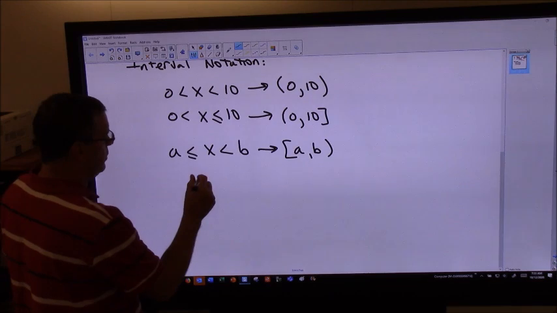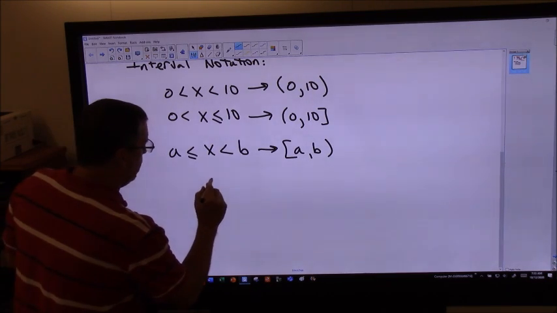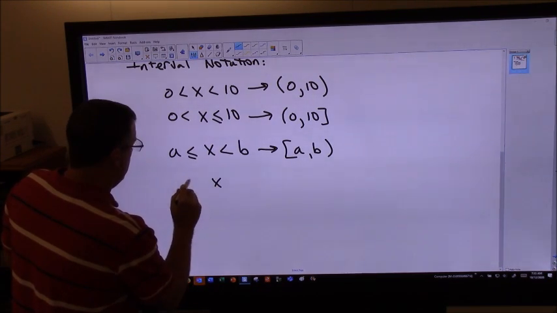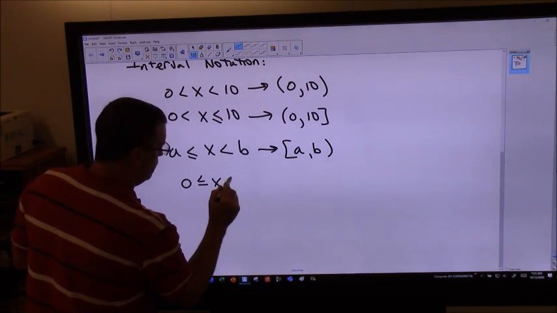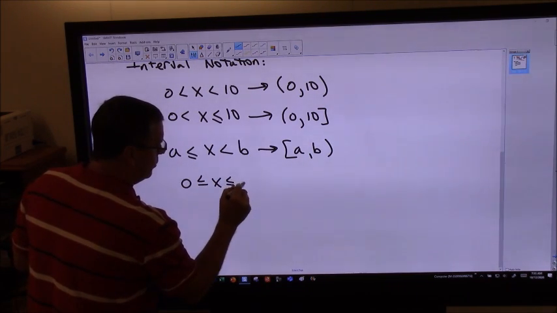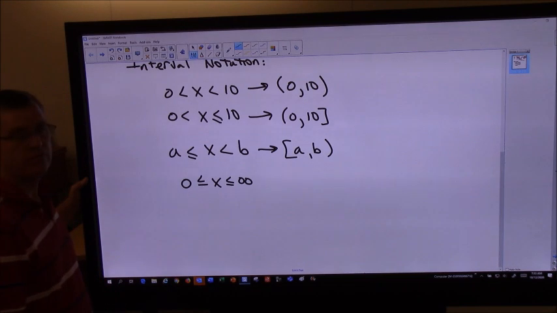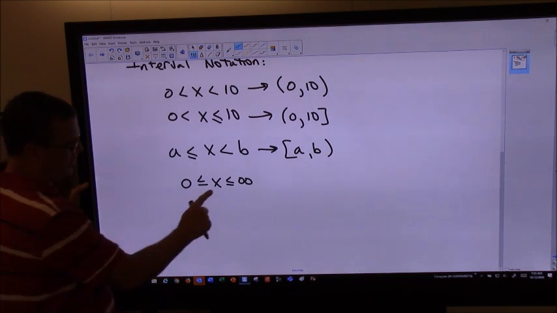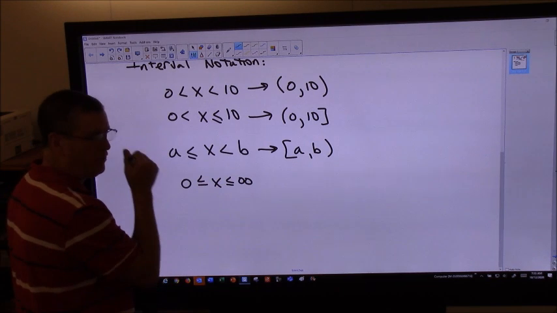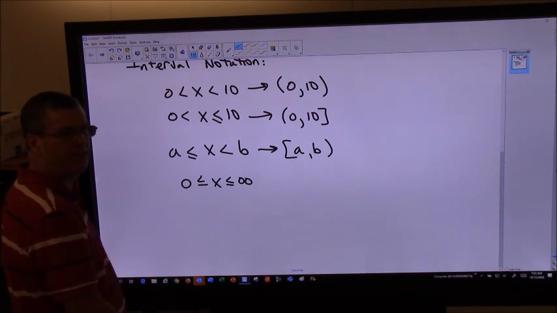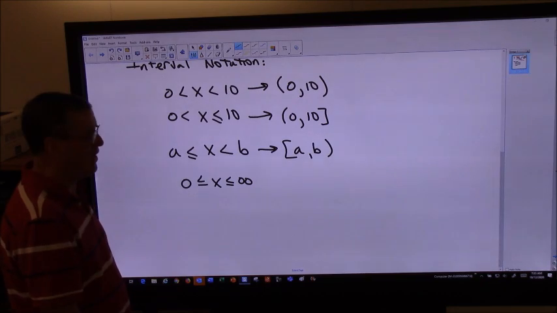Here's an interesting thought. If I want 0 to be less than or equal to x, which is less than or equal to infinity, which is really kind of a weird thing to say because can x ever equal infinity? I mean, can we ever really get there? The answer is no, we can't.